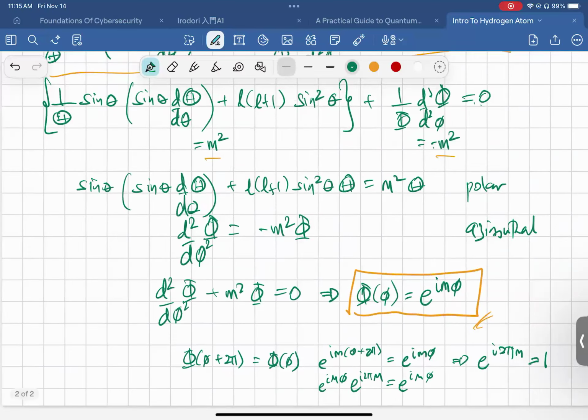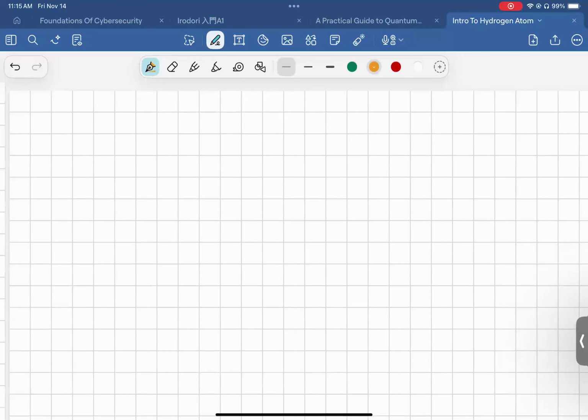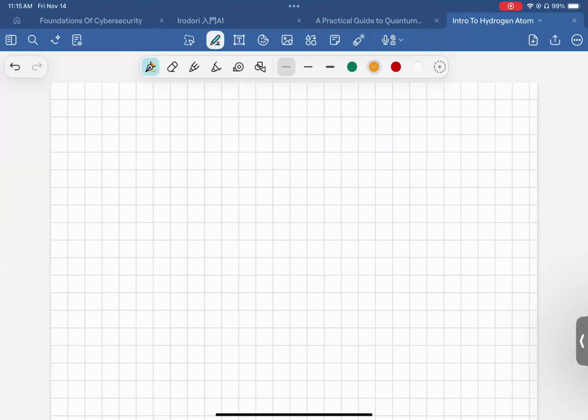So what is the condition for this to be satisfied? If we go to the next page, we write exponential 2 pi i m equals 1. So the condition is that m must be equal to 0, or plus or minus 1, plus or minus 2, plus or minus 3, and so on and so forth.